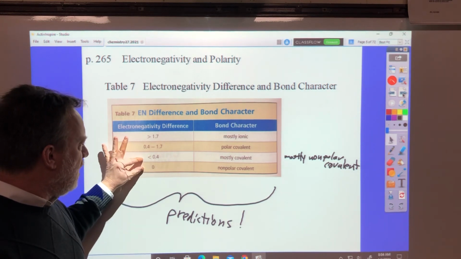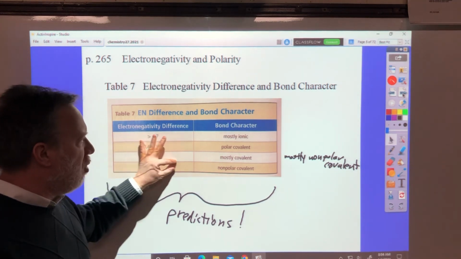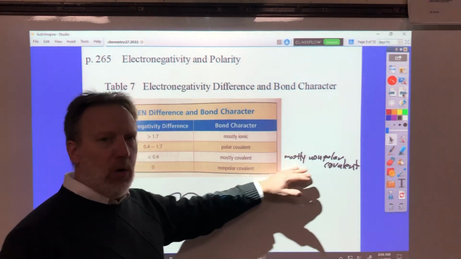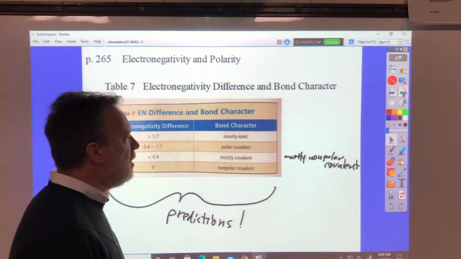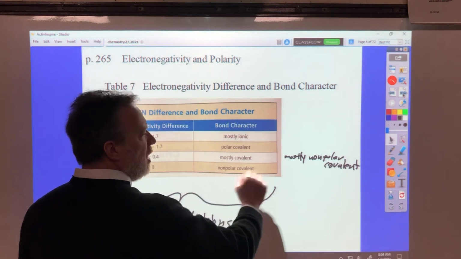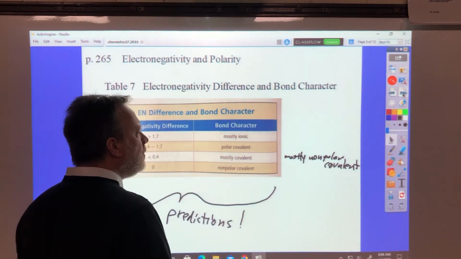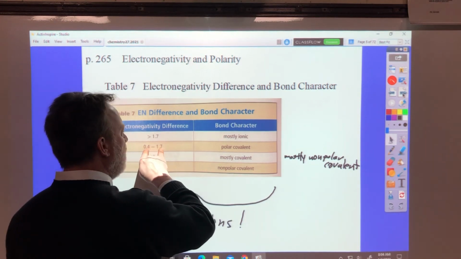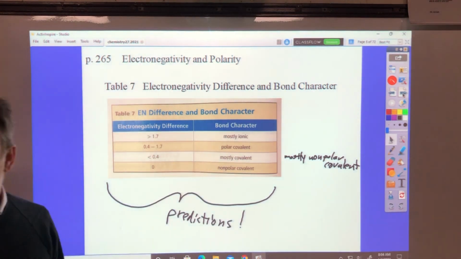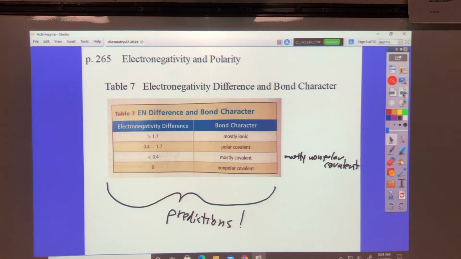If it's between 0 and 0.4, it's basically nonpolar, though it depends situation to situation. That'd be nonpolar covalent. And if it's between 0.4 and 1.7, we generally consider that, at least for predictive purposes, to be polar covalent.